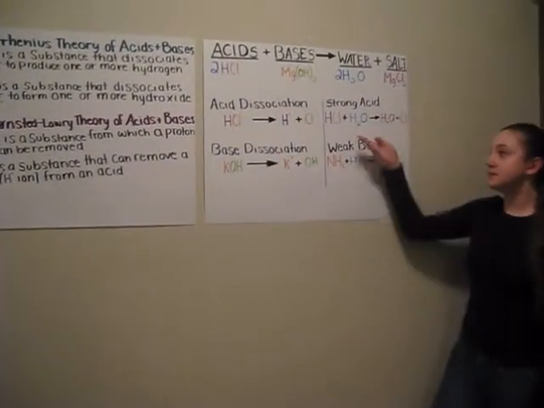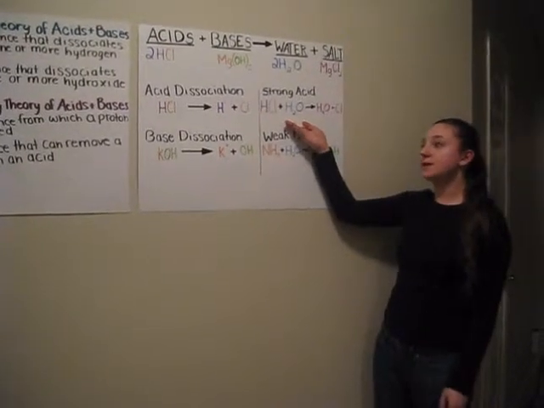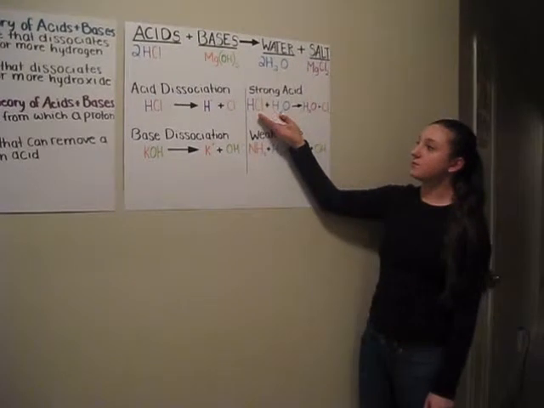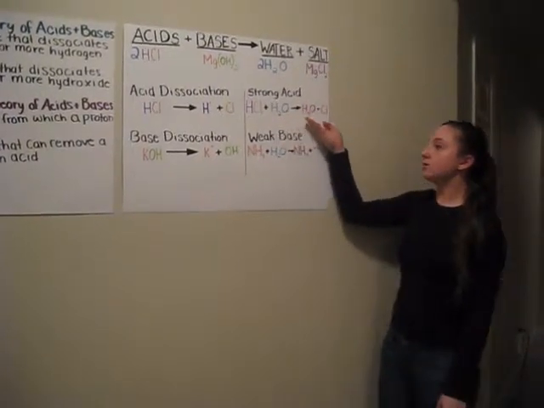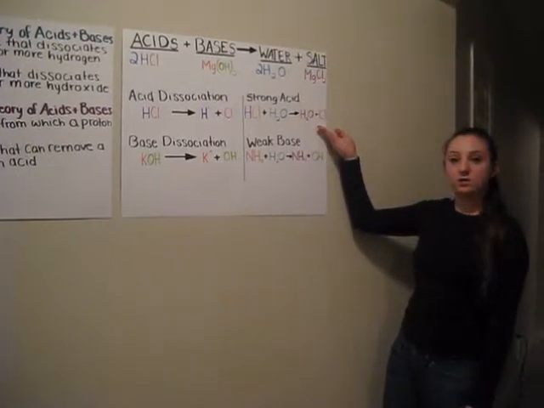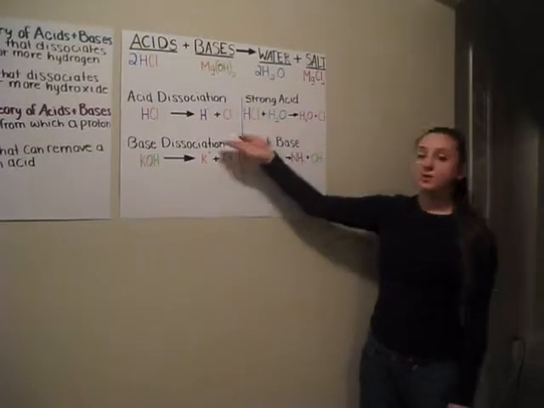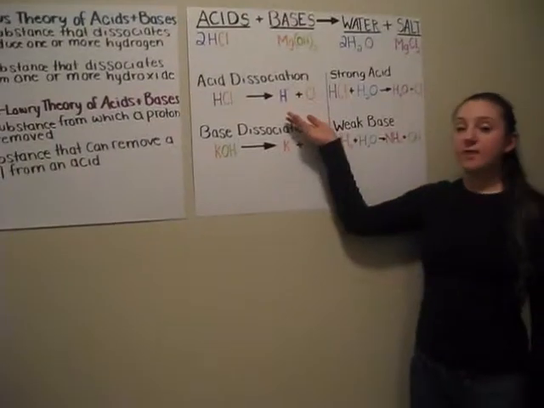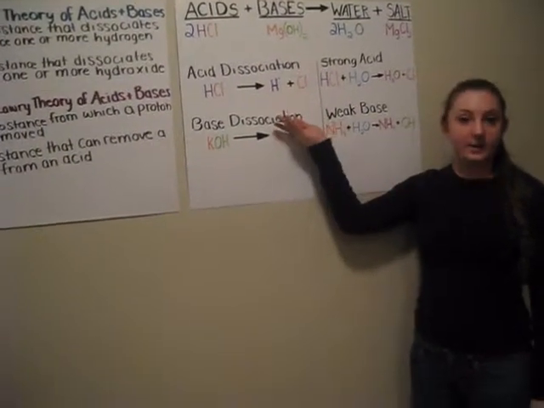However, when we look to this equation, we can see that Arrhenius hadn't completely taken water into account. When hydrogen chloride reacts with water, it creates hydronium ion and chloride. Now, in this equation, we see that the hydronium ion does not exist, and thus this reaction is not correct.